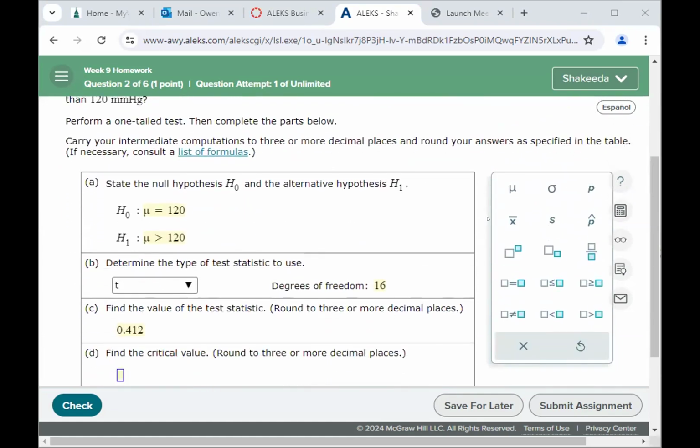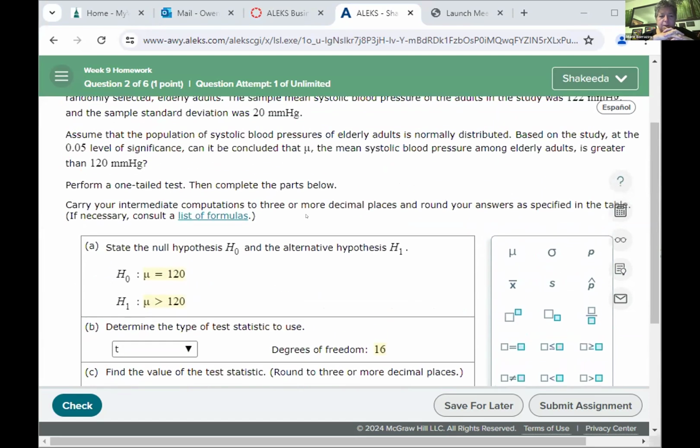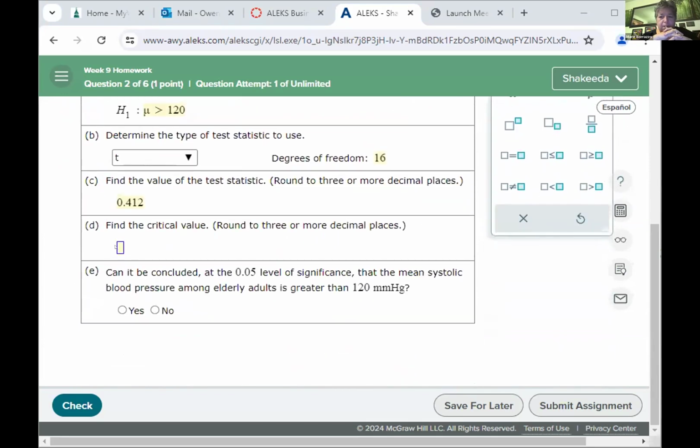Is it 90% confidence, 95% confidence, 99% confidence? 95%. So 1.745. Yeah, 1.745. 1.746. Okay.